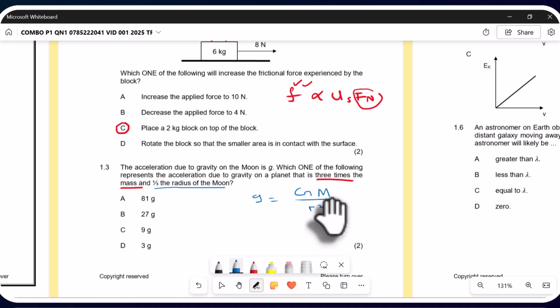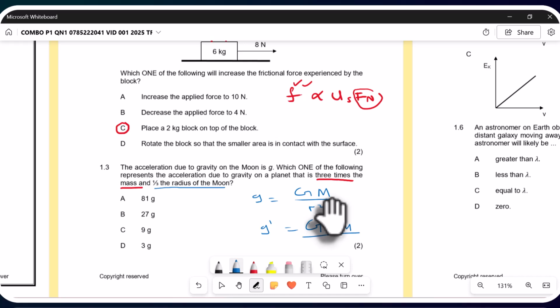And in this case, what we see here is our original g, the acceleration developed on the moon. Because of that, 27 times g will give us the answer, which is B in this case. I hope we are together.